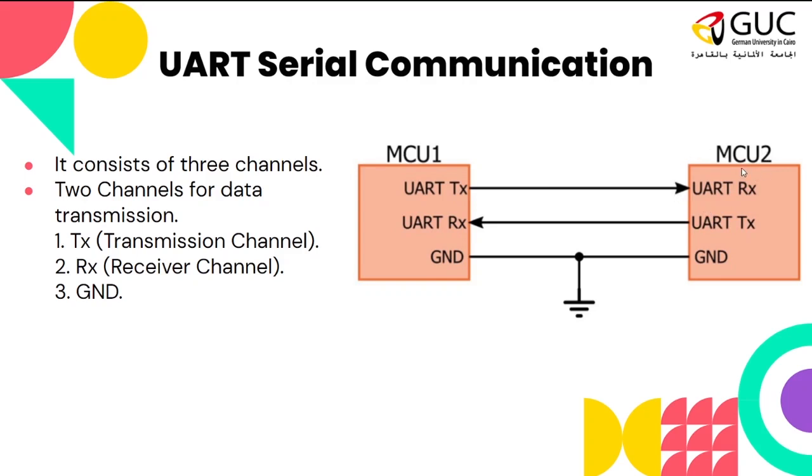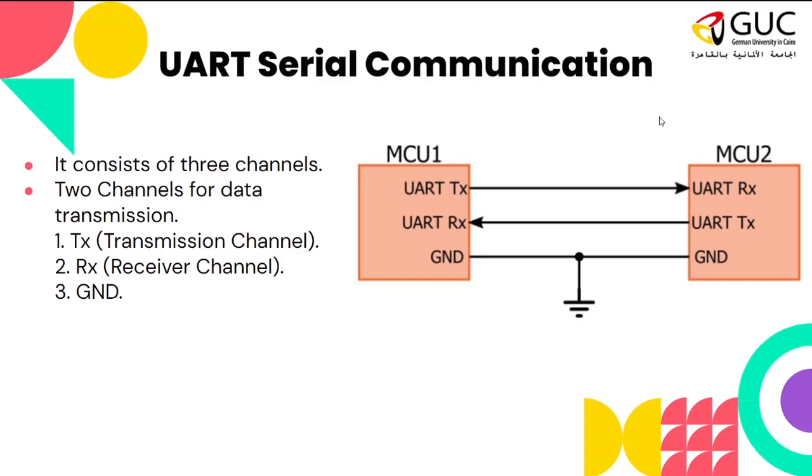So the TX on the sender side is connected to the RX on the receiver side, and the RX on the sender side is connected to the TX on the receiver side, because we send data from microcontroller 1 via the TX to microcontroller 2, and it's received via the RX.